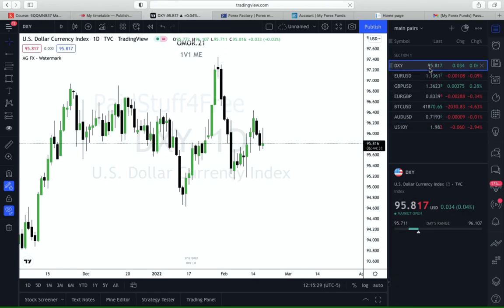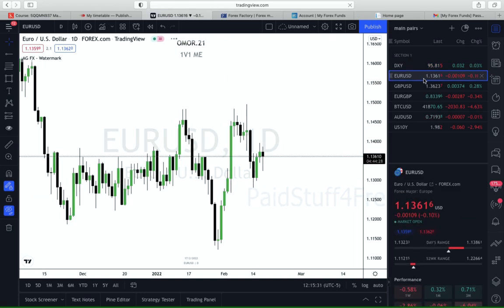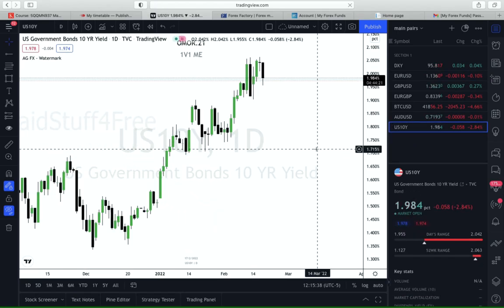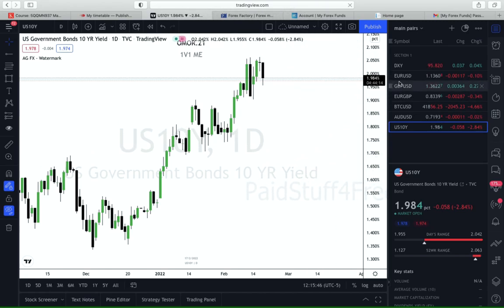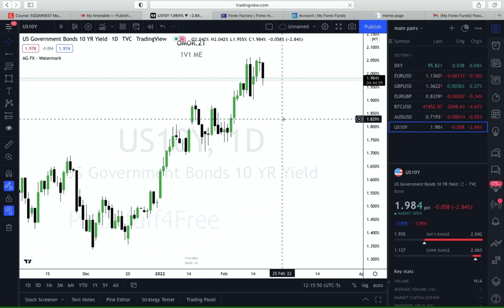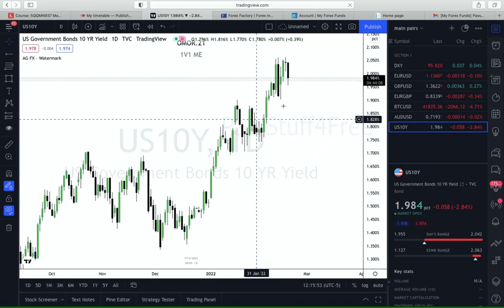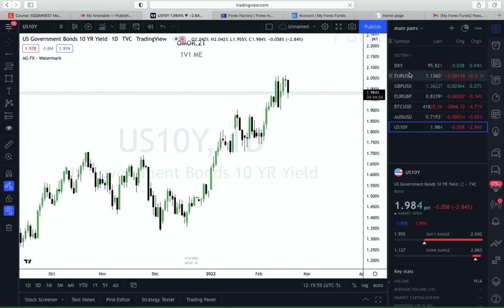Now, if you have the direction of the DXY, you get the direction of Euro USD and other pairs like GBP USD, etc. In a nutshell, when the US 10-year is going down, you are getting bullish on everything other than the dollar. Yeah. When the US 10-year is going up and is trending in the upwards direction, you are bearish on everything crossed to the dollar. So GBP USD, Euro USD, AUD USD, NZD USD, anything crossed to the dollar, you become bearish.